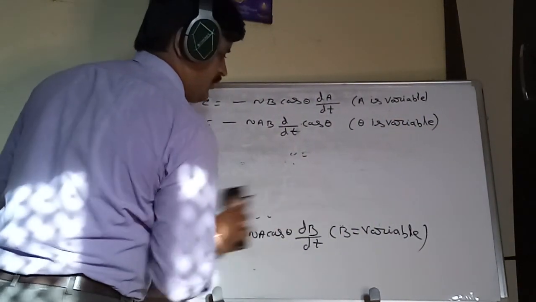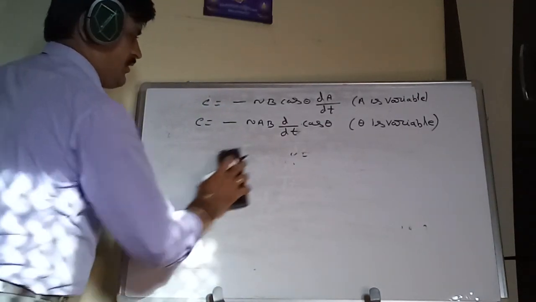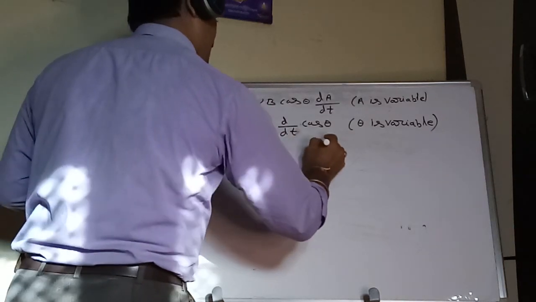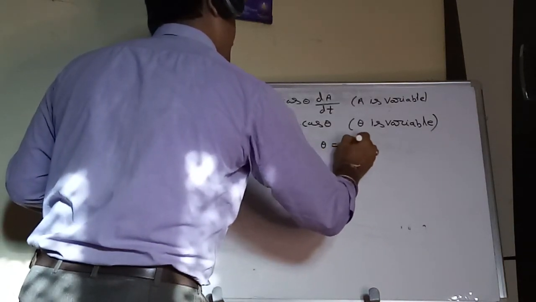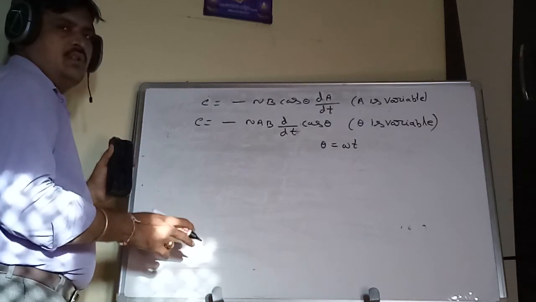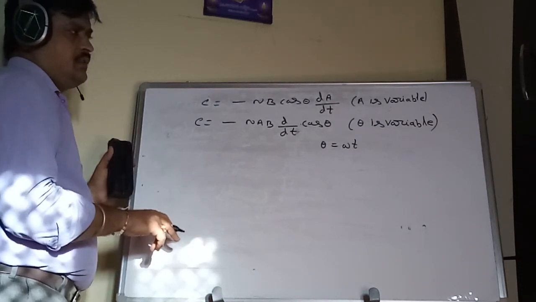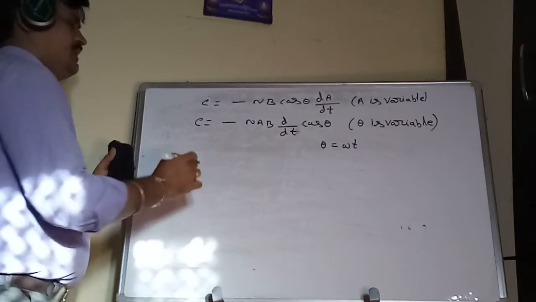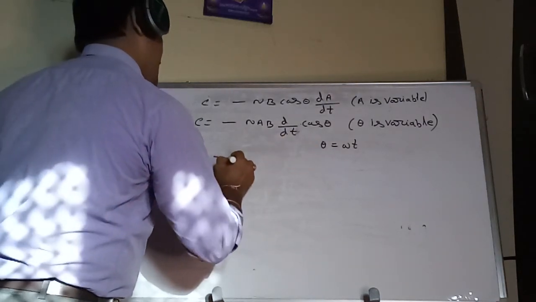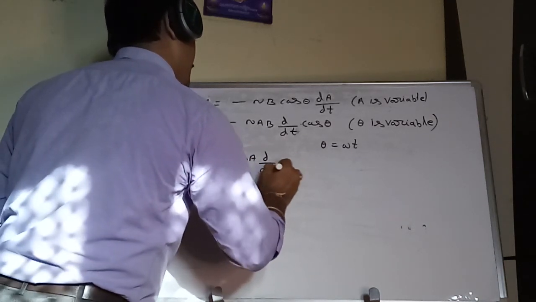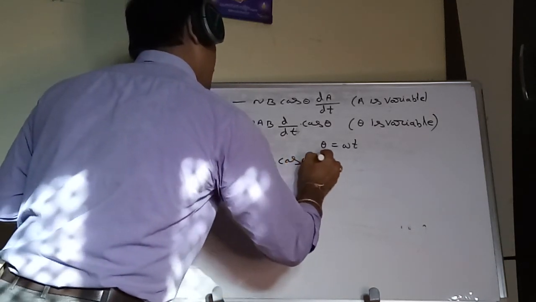So here theta equal to omega t. Suppose the coil rotates with constant angular velocity in a uniform magnetic field, theta equal to omega t. So E equal to minus NBA d by dt of cos omega t.